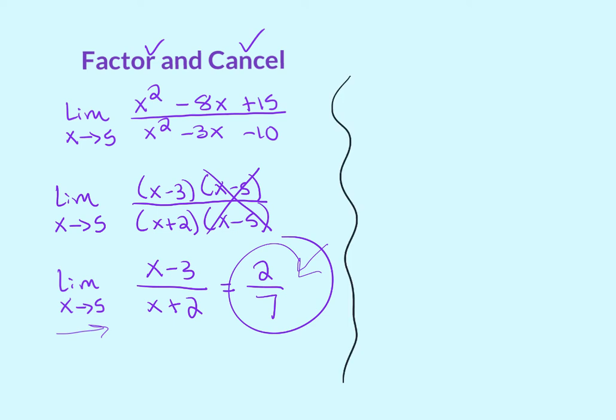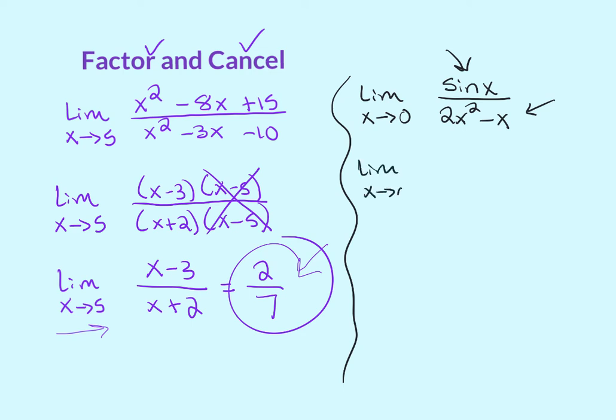Okay, and here is our second example for this method, factor and cancel. If I'm looking at the limit as x approaches 0 of sine x over 2x squared minus x. Because I see that trig, let's think about those ones that we had to memorize at the very beginning. But if we look at my denominator, I can factor that. So let's do that.